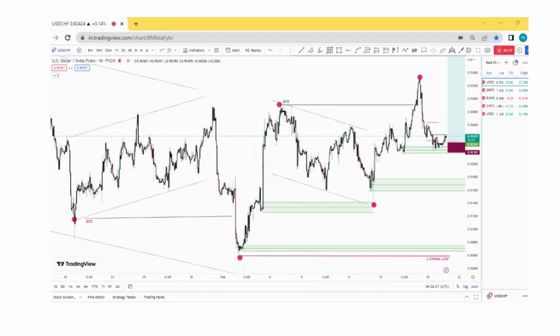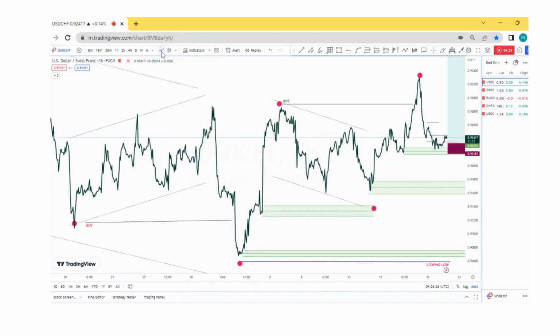This strategy is combined with the Falcon strategy, and we're using the whole method of trading with the line chart to analyze the market.